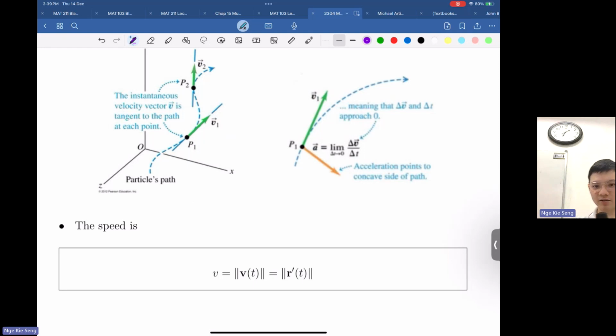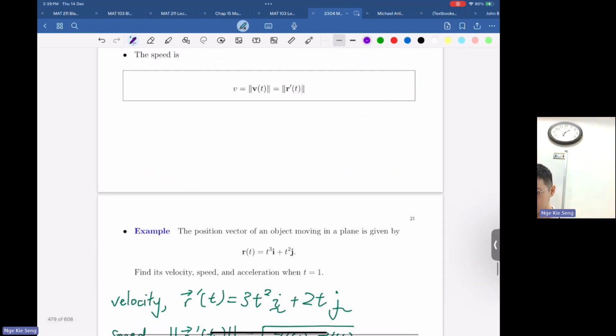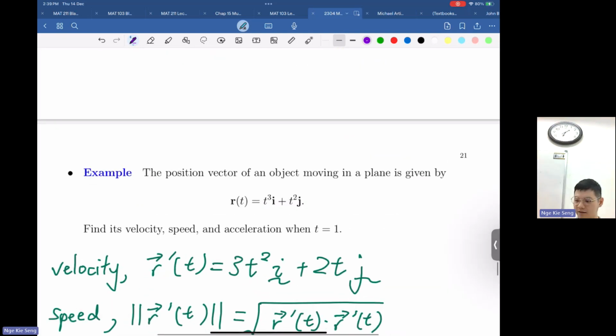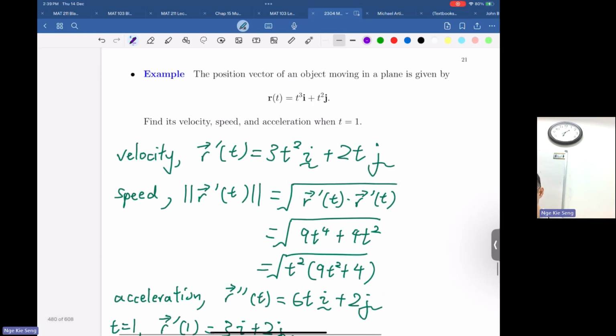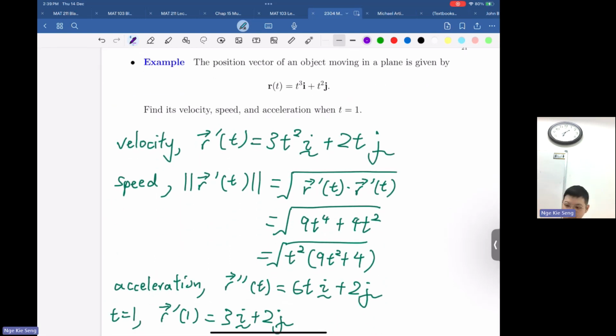Maybe we can just quickly run through this. We have this position vector moving with r(t) = t cubed i + t squared j. How to find the velocity, speed, and acceleration? You just find the derivative of this function. To find the speed, you find the absolute value of r'(t), the norm of r'(t).